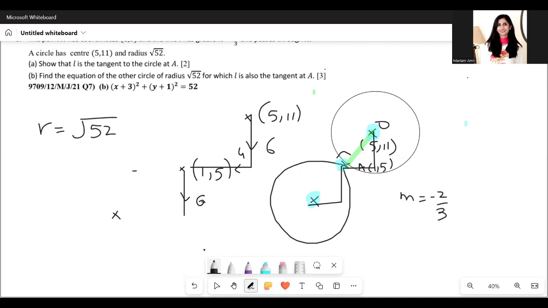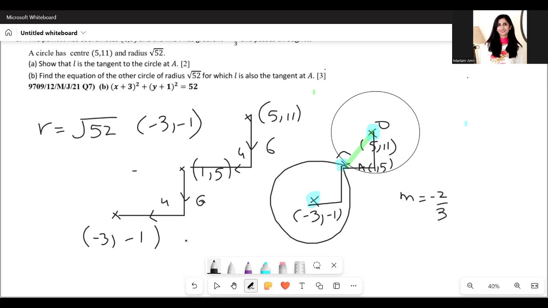When you take it 6 down, 5 becomes 5 minus 6, which is -1. So the y coordinate is -1. And then take it 4 units to the left. When 1 goes 4 units to the left, it's going to be -3. So we have the center of the new circle, (-3, -1).